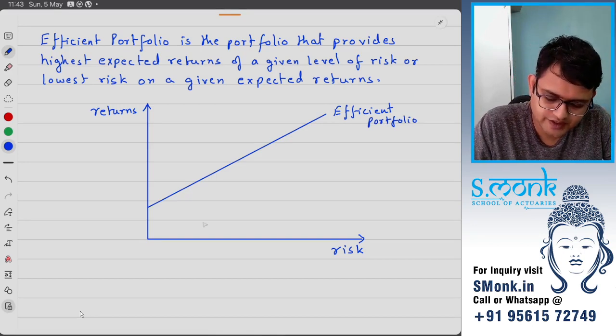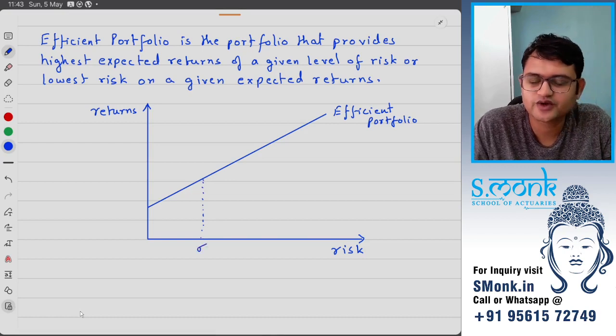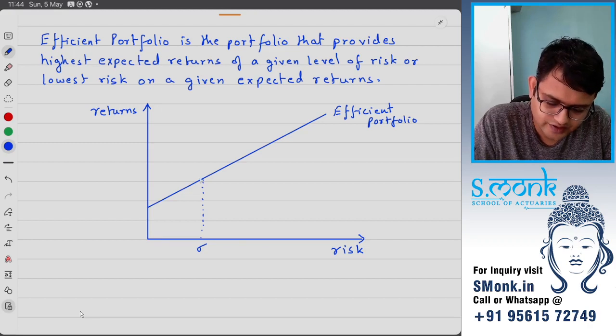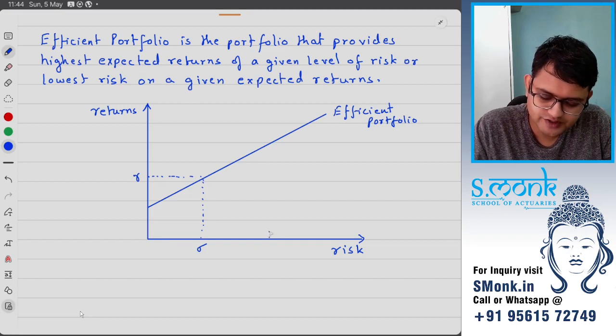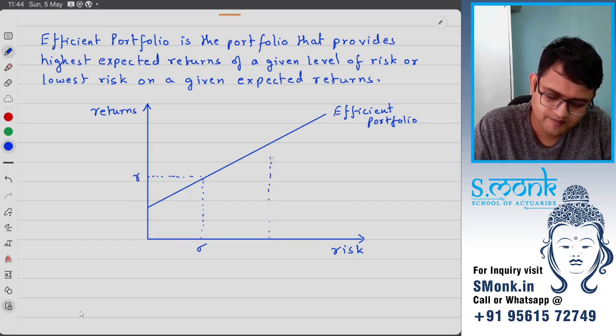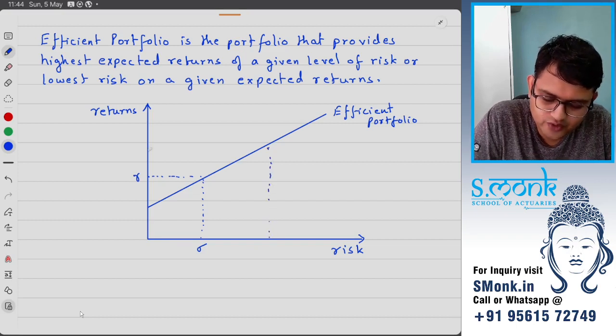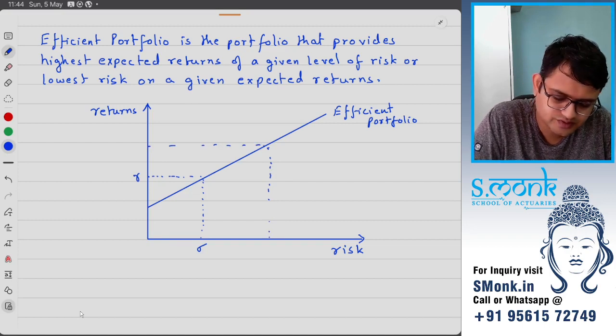Now here we say that if you are taking this level of risk, this is the level of risk that you are willing to take, then this is the level of returns that you will get. If you take more risk, you will get more returns, right?